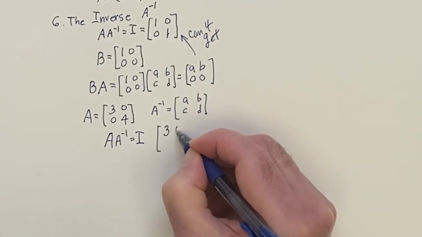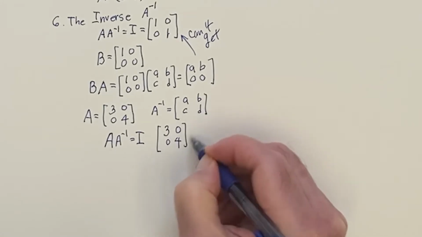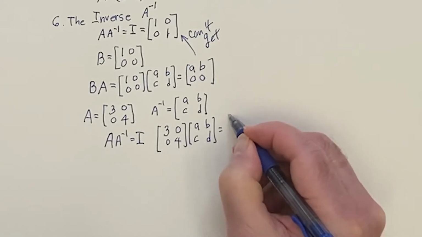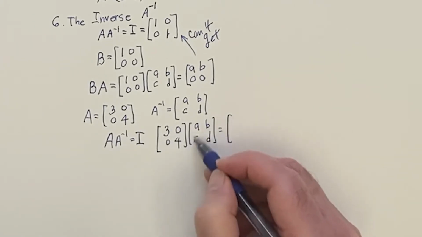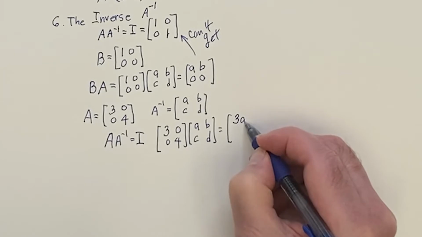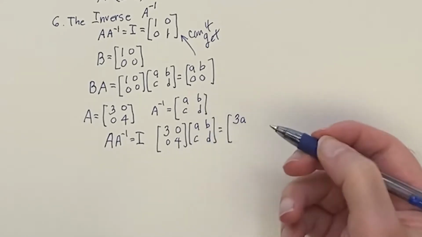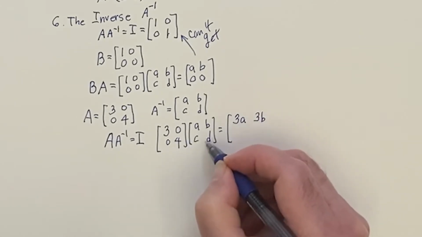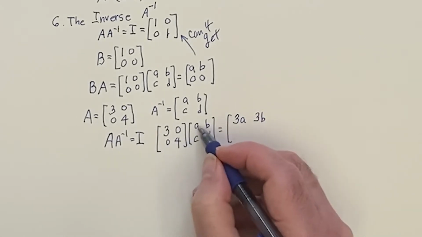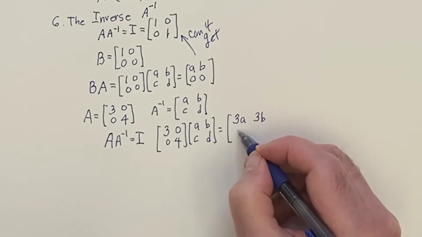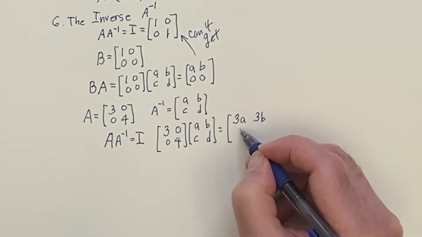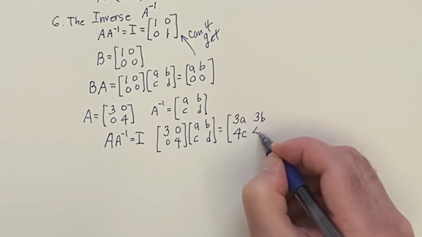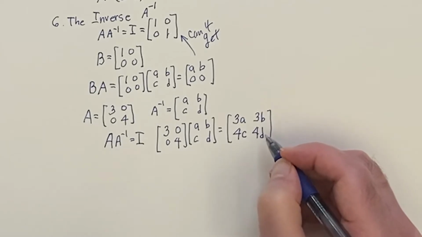So if we have 3, 0, 0, 4 times A, B, C, D, we turn this sideways, so 3 goes with the A, 0 goes with the C, you add them together, you get 3A. 3B is up here, plus 0D. 0A plus 4C would be down in here. And 0B and 4D would be down in there.